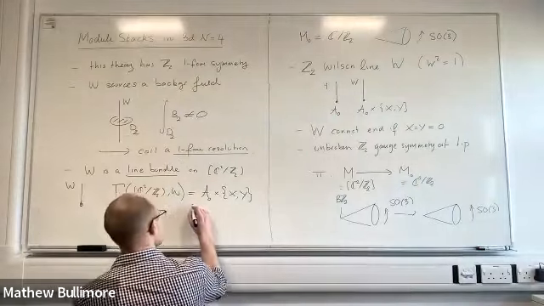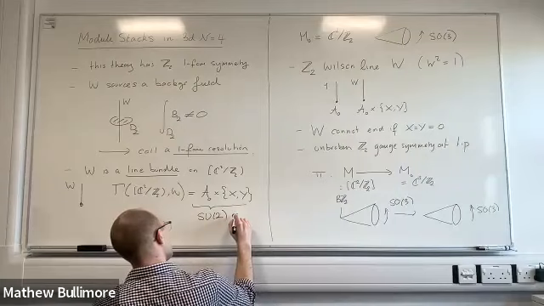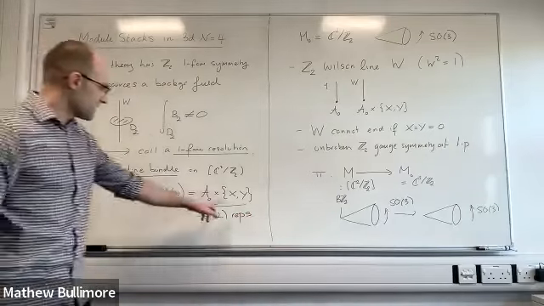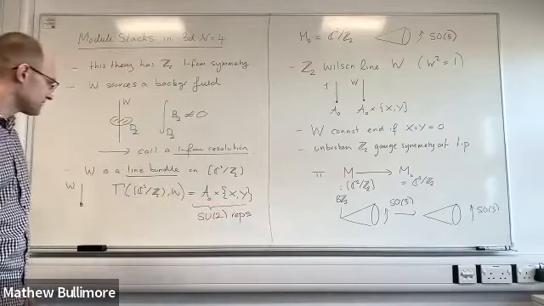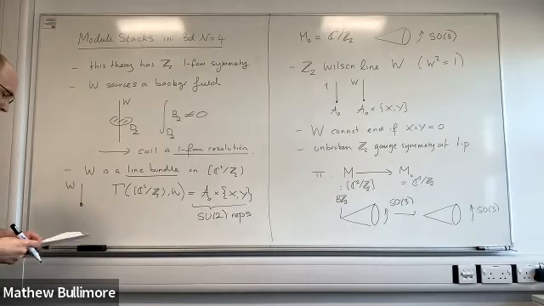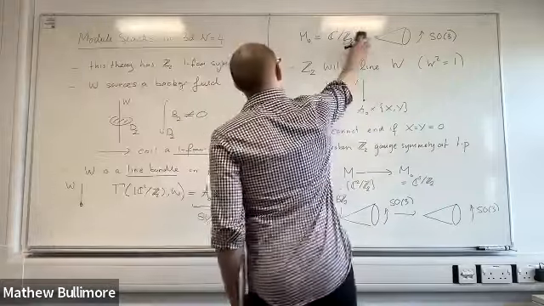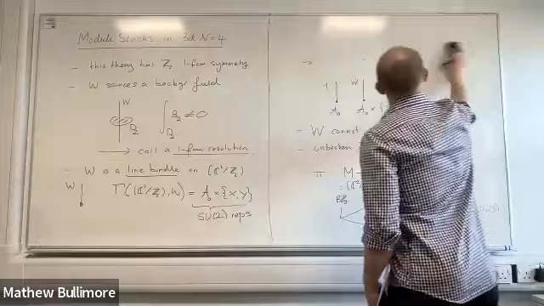Something to notice is that these are now in SU2 reps, which are not SO3 reps. For example, we could have a doublet, just X and Y, which would definitely be an SU2 rep that's not an SO3 rep. And what that means is that you have an 't Hooft anomaly of exactly the type that Lakshya talked about last time.